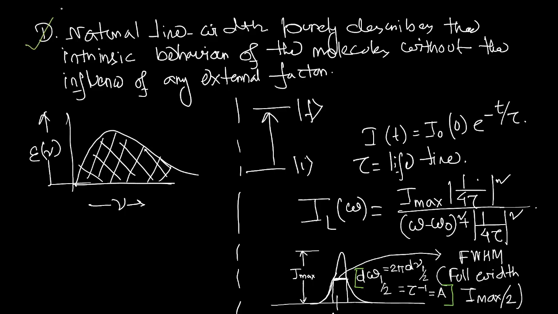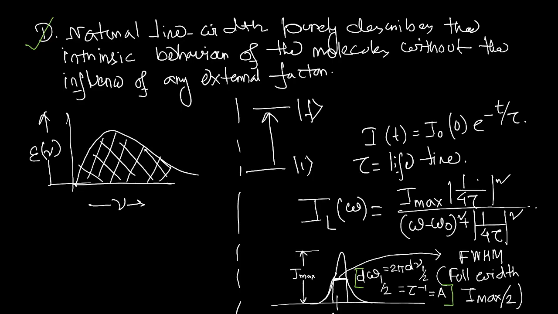It is called natural line width because the system is not feeling any influence or any broadening due to the environment.